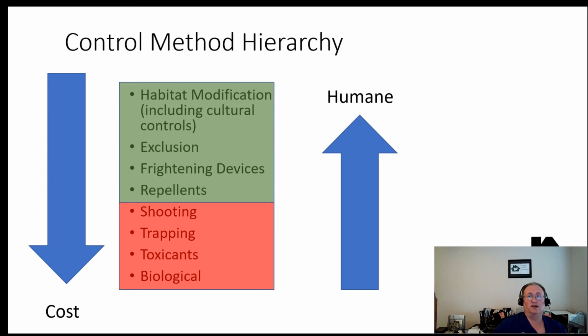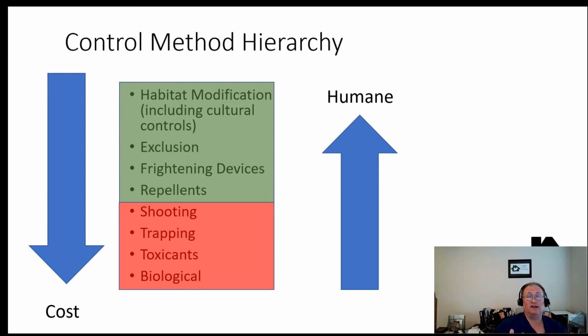However, if you don't cut your grass, the problem is just going to get worse. All right. So some of these things are subtle. I tell people all the time when we're talking about habitat modification, small changes can have big impacts, even though they're small. Okay, because they can amplify other control methods. All right. So that's habitat modification.